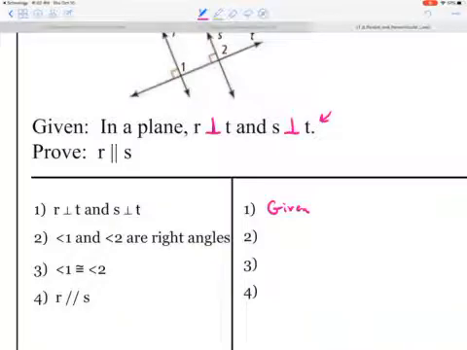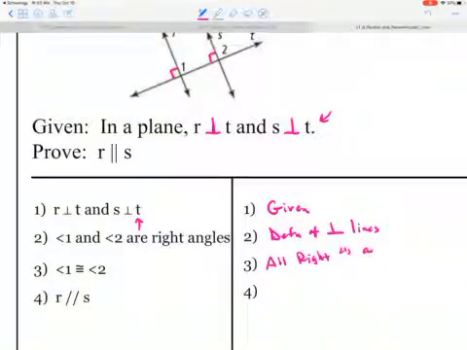What allows me to say that angle 1 and angle 2 are right angles? Well, I've established that the lines are perpendicular. So this is the definition of perpendicular lines. Because they're perpendicular, then I can say they're right angles. Now what allows me to say that angle 1 is congruent to angle 2? It's because all right angles are congruent.